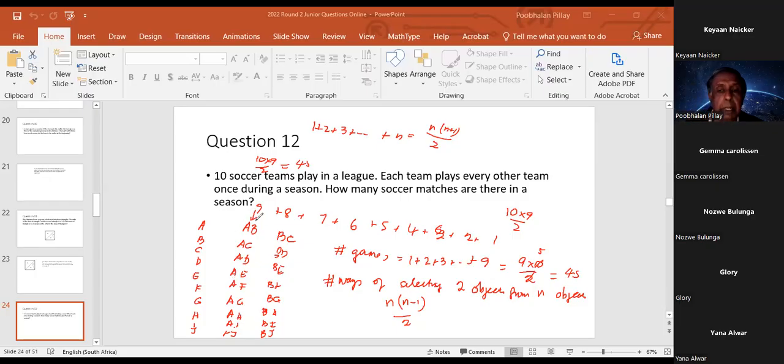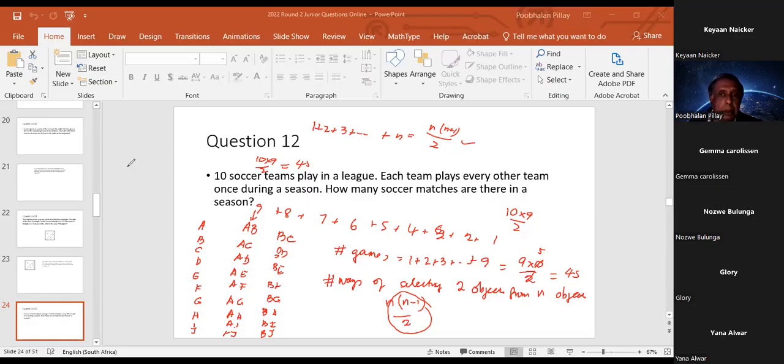So anyway, I hope you learned something from this little discussion, because it's a very important fact that if you want to pick 2 objects from n objects, then the answer is n into n minus 1 over 2. Right? But when you're adding all the natural numbers up to n, then the sum is n into n plus 1 divided by 2. So there's a difference between these 2 things.